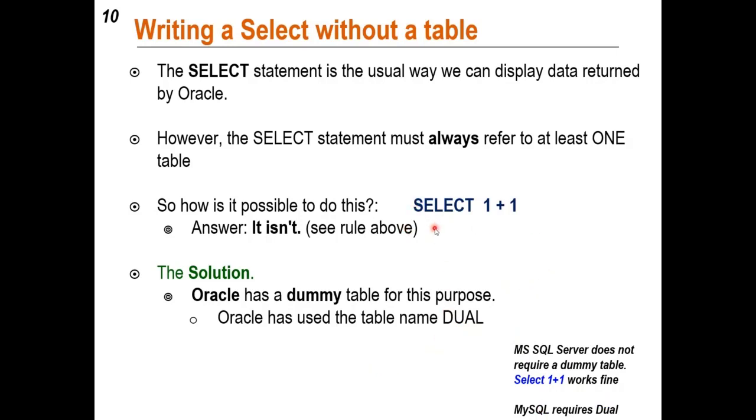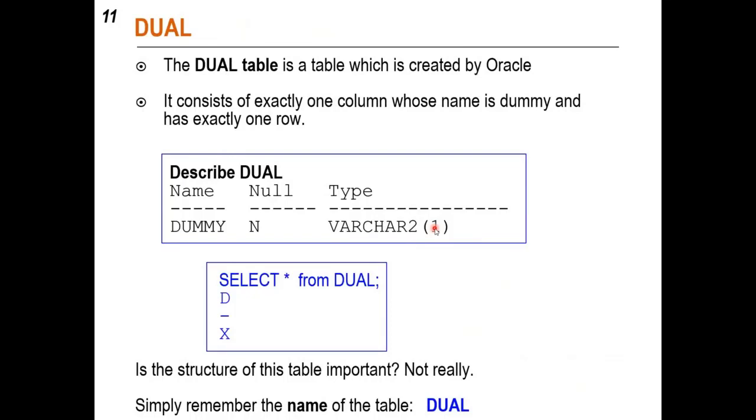Right. So in this case, now this is how the dual table looks like. In the dual table we have one column, one row kind of table. So it's actually not relevant.